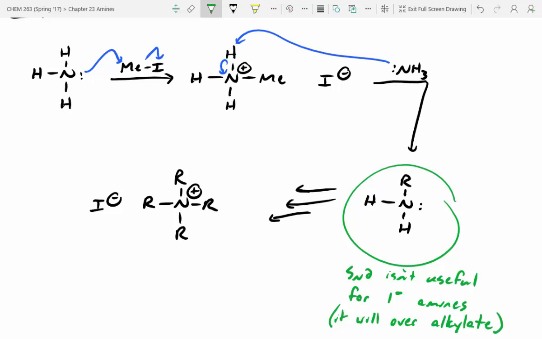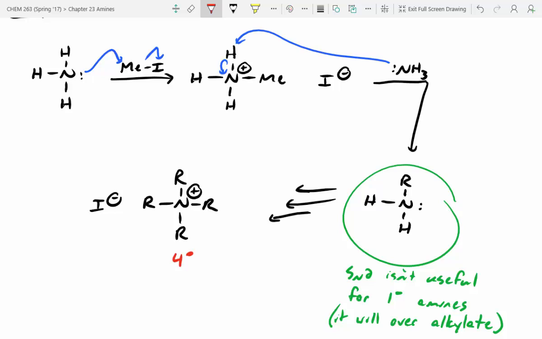But if you are trying to make a quaternary ammonium salt, it works pretty well. Quaternary ammonium salts usually aren't desirable products, but if that's what you're going for, you're more than welcome to do Sn2 substitution. So what we need is ways of making primary, secondary, and tertiary amines where we don't run into this problem of over-alkylation.